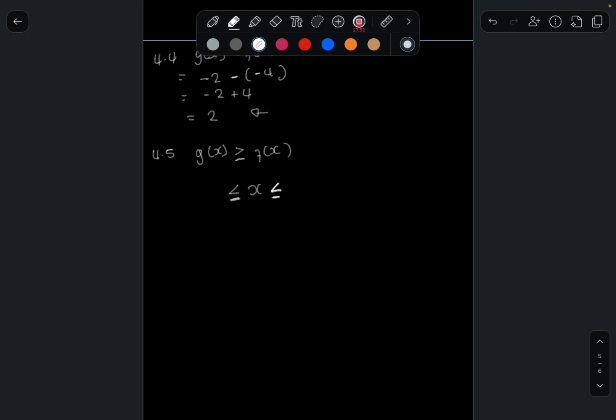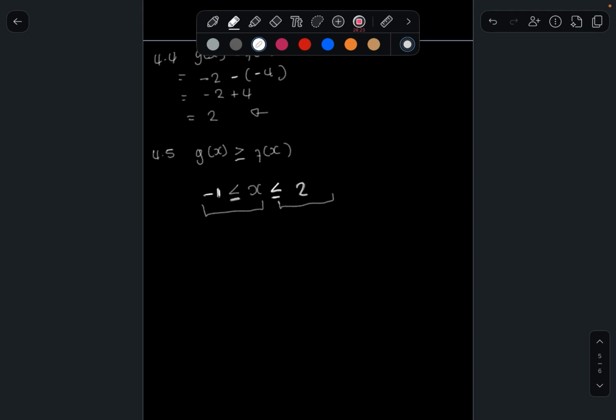So what's x greater than or equal to? It is -1. Here, what's x less than or equal to? 2, because 2 is the greater number. And that's basically our answer.